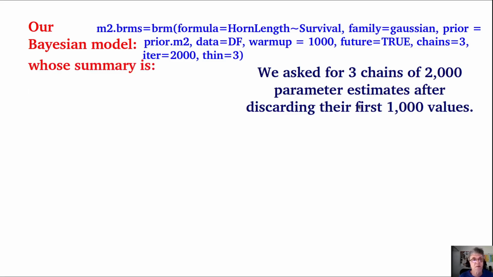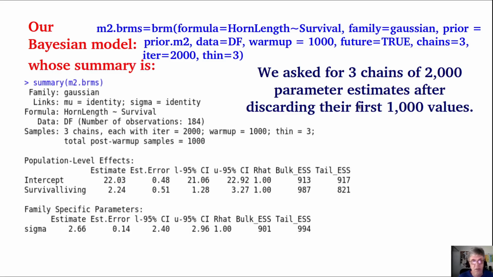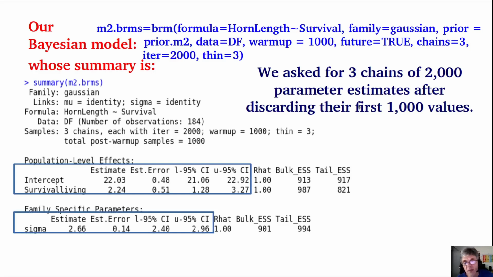The summary of the model is shown here, and it can be divided in 2 parts. First, the marginal posterior distribution of each of the 3 parameters.